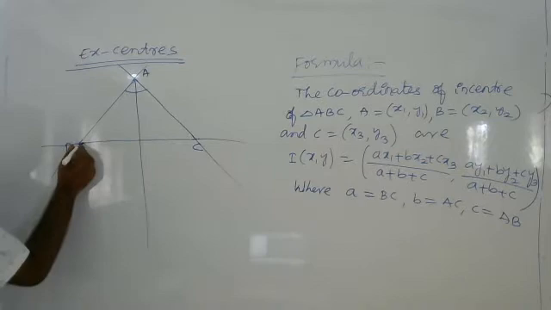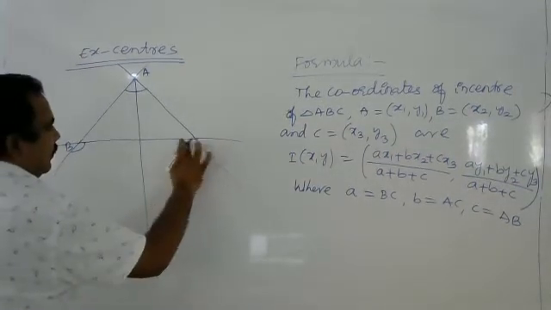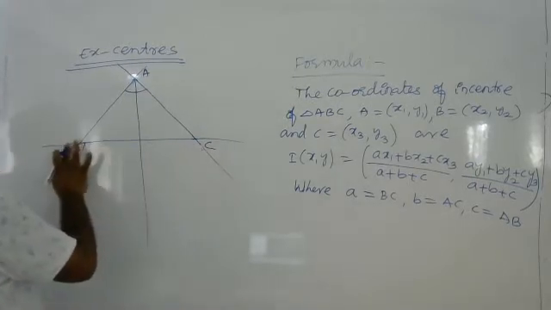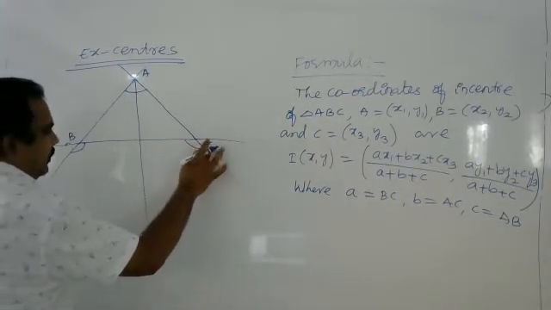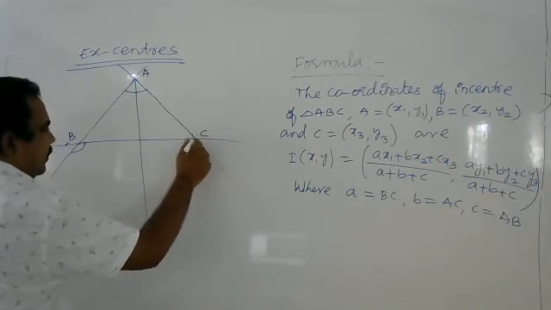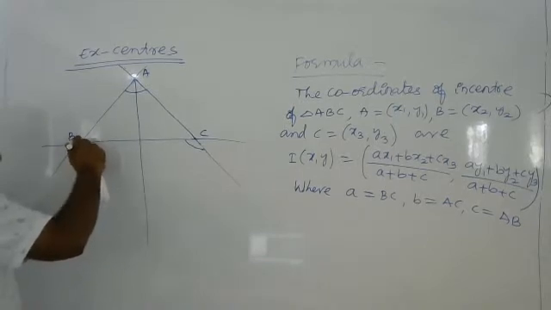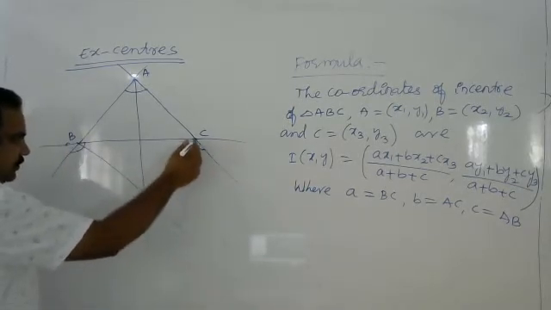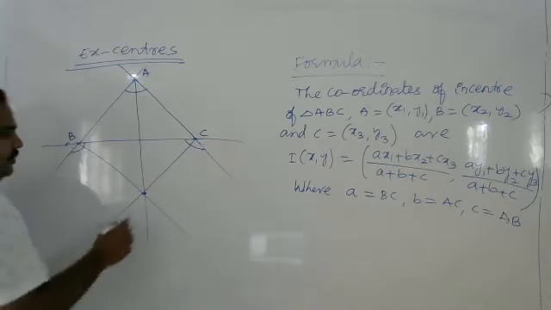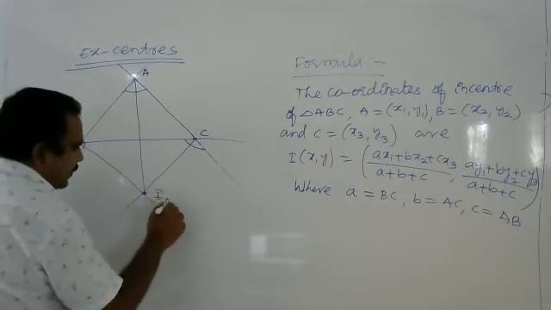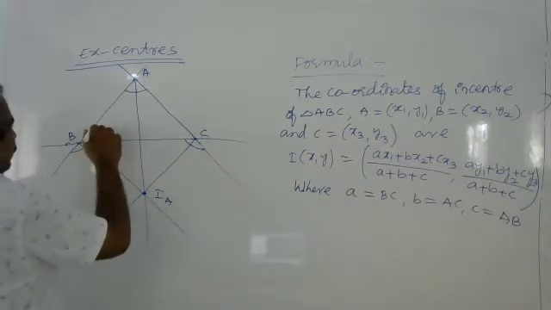So here the external angle is given, and here also we are given the external angle. So here also the external angle of C. This is the internal angle and this is the external angle. So from here, this is the external bisector. So this is taken as IA. Same for B also.